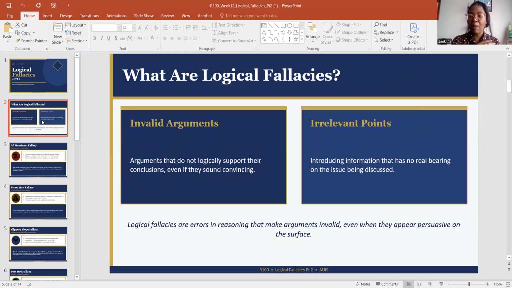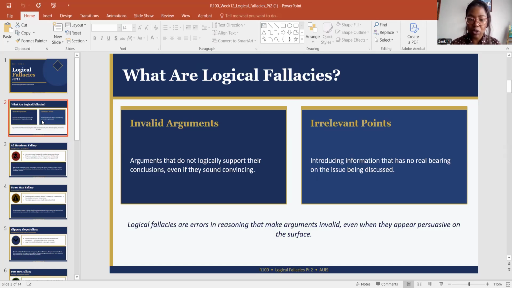So, just a quick recap, what are logical fallacies? We said that they are invalid arguments and they raise irrelevant points. Imagine you're arguing with somebody, and then you are attacking their personality, or you are giving them a slippery slope, or you are giving them a false cause. Those are all logical fallacies.